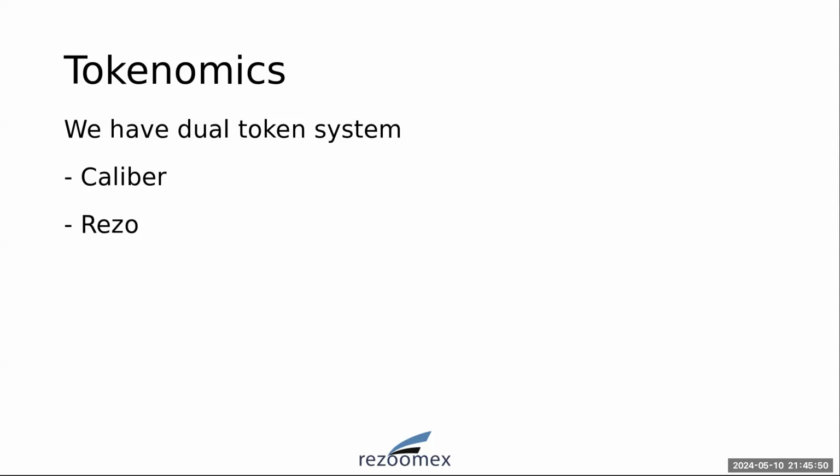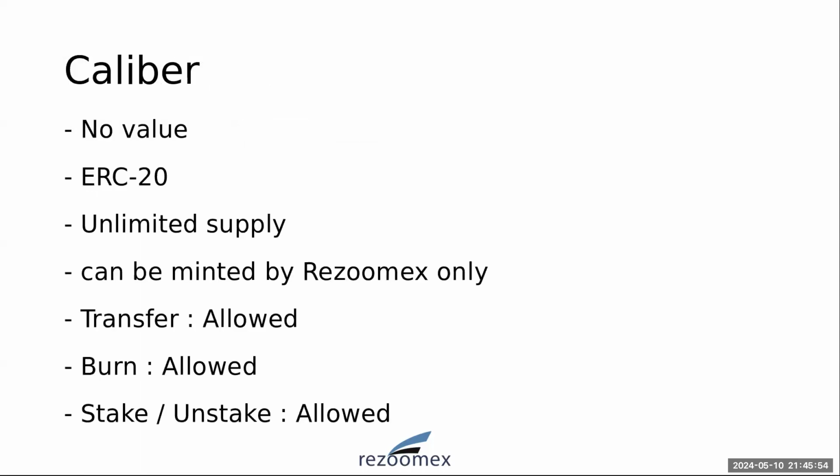I'll also explain a little bit more about these two tokens. Caliber, as I said, has no monetary value. It is ERC20 compliant and has other properties like transfer allowed, staking and unstaking allowed.